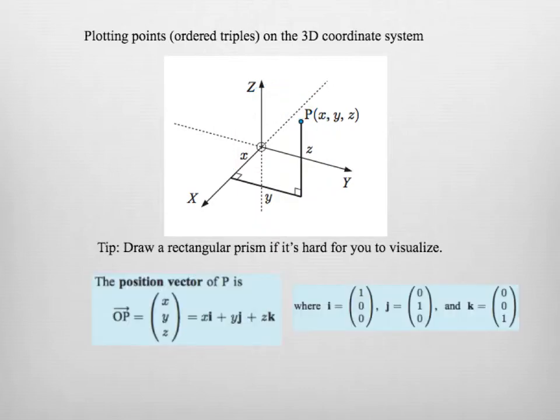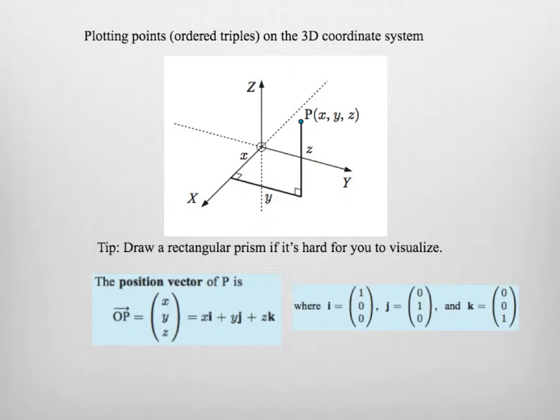And any point P that's given as an ordered triple, we can change into the form of a position vector. And the position vector of a point P, it always goes from 0, right? And we saw this when we did our 2D vectors. So we always start from 0 to P. It'll be our x, y, z values.